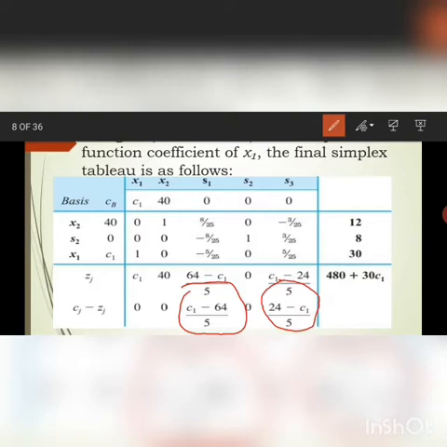Then, for the second inequality, we have 24 less than or equal to c sub 1. Because c sub 1 must satisfy both inequalities, the range of optimality for c sub 1 is 24 is less than or equal to c sub 1, less than or equal to 64. So that's it.